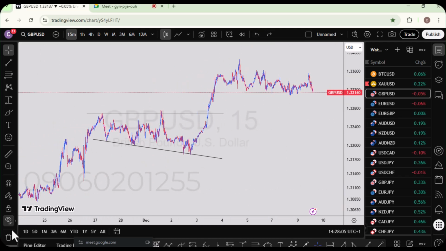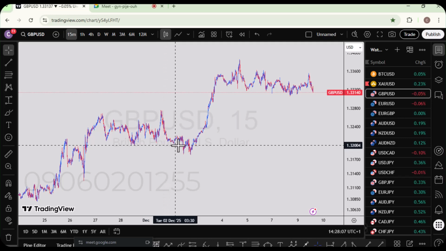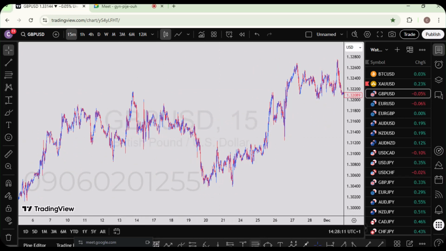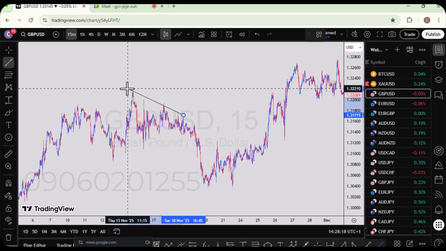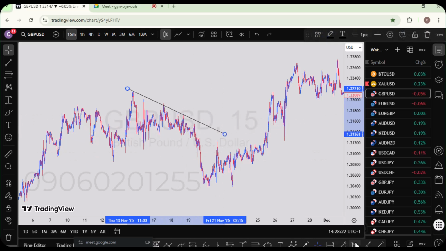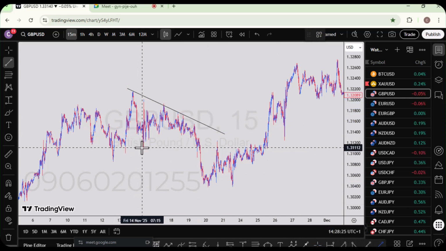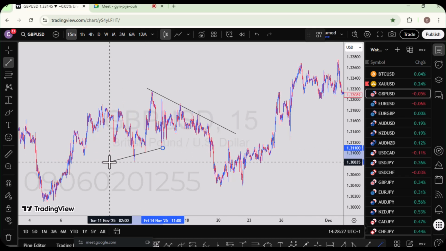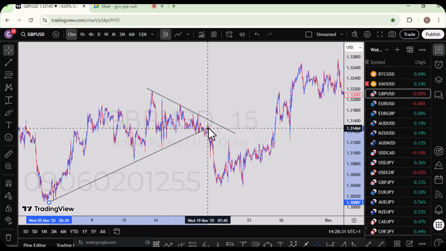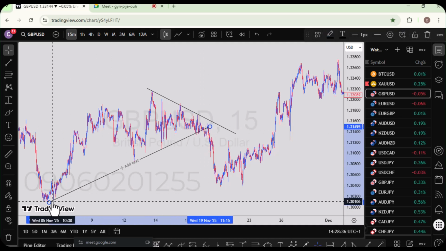Now let's go for another example of the series you've been taught. Based on what we have right here, if I would connect my trend line, I can connect from this low here all the way to the back here, and I extend it all the way forward. You can see we have other touches right here all the way back. We have the first one right here.